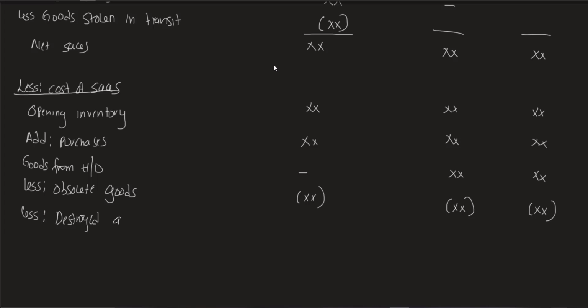We less destroyed goods. We go ahead and add all these, and if we add, we get the cost of goods available for sale.